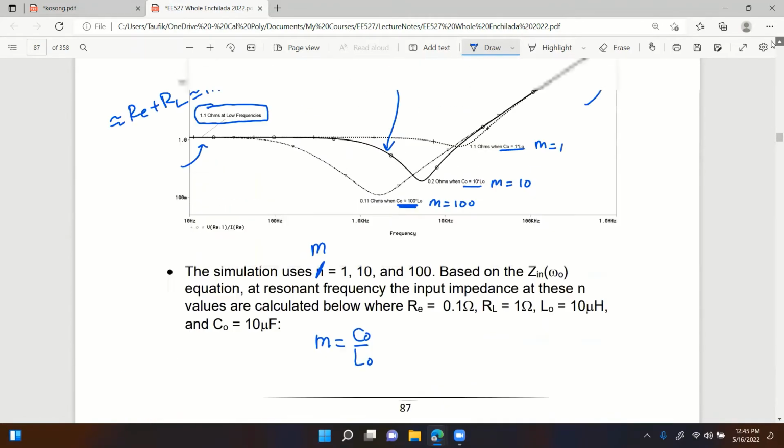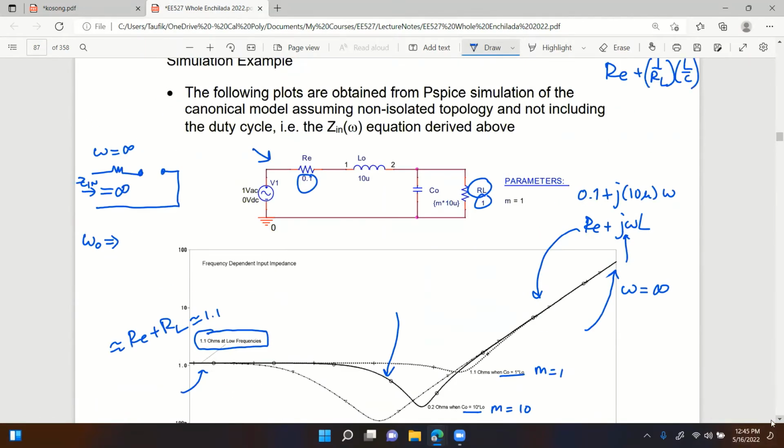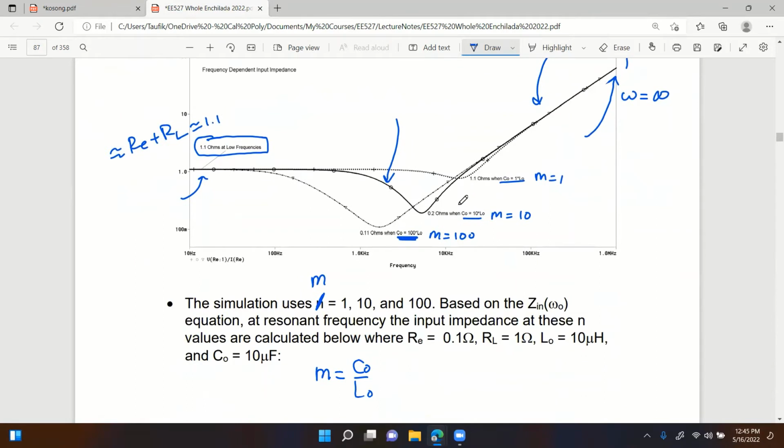So you can see that one makes sense. Those make sense, right? 0.2, that's below 1. So this is 0.1, right? That's 0.1, that's 1. So when M is equal to 10 it is 0.2. So that looks correct to me. That's about 0.2. This one is about 0.11. Yes, I agree, right?